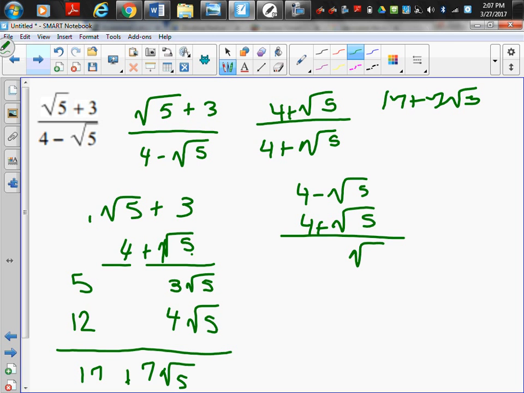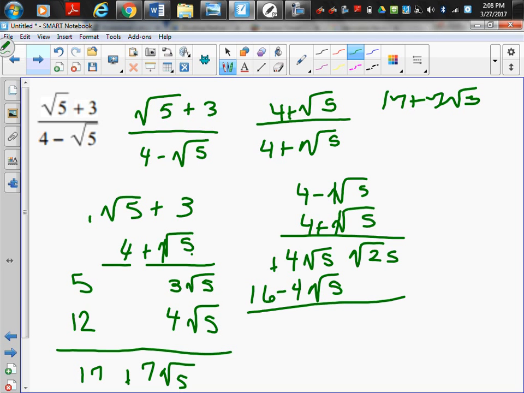So square root of 25. 4 times 1 is 4 square root of 5. 4 times 4 is 16. Alright, square root of 25 is what?